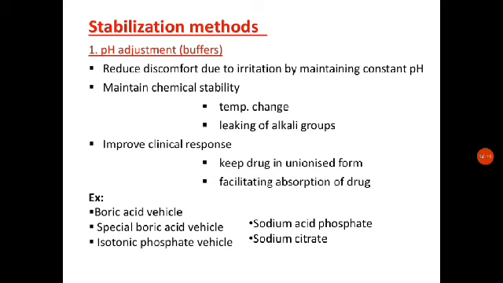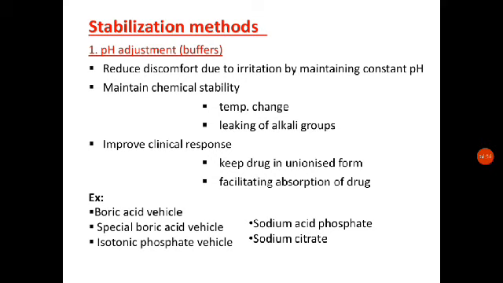This is done by pH adjustment, that is use of buffers, which are also added to reduce discomfort due to irritation by maintaining constant pH, and maintain chemical stability against temperature change, leaking of alkaline functions, and also improve the clinical response.